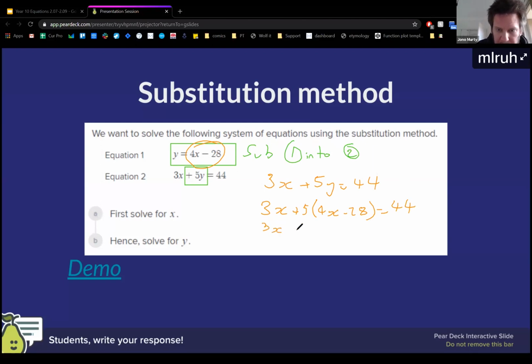Let's expand. 3x plus 20x minus 28 times 5, 140, equals 44. Getting pretty big here. 23x equals, add 140 to that, we get 184. I have a large number there, I'm not sure what's going on with this question.